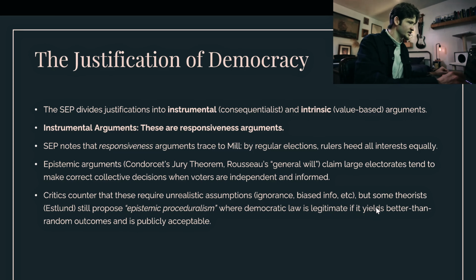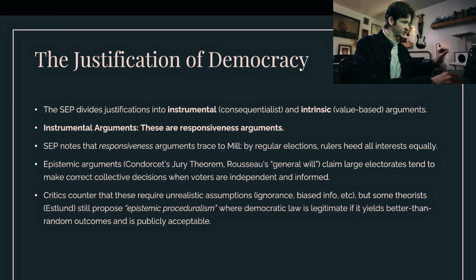So this isn't necessarily extremely important to understand, although it's laying down the basics for what you're going to learn as we progress through this PowerPoint. It's just important to understand what an instrumental argument is. It's a consequentialist argument, so it's basically a responsiveness argument.